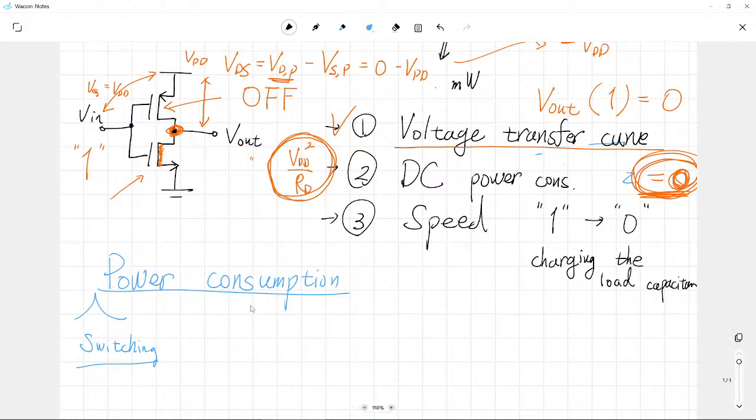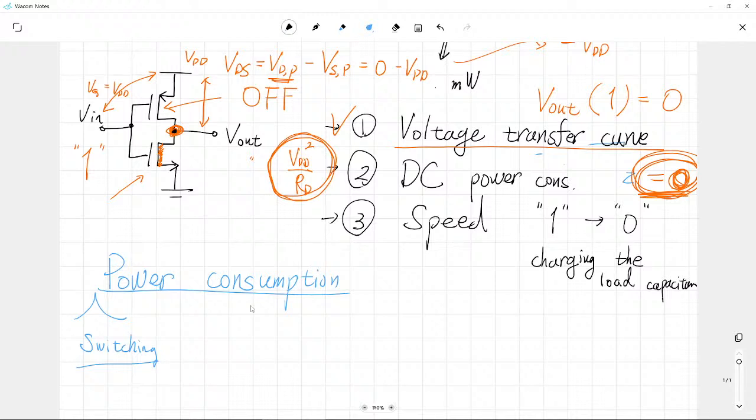Now we understand that if we have a CMOS logic system, then we don't have any DC power consumption once we set our input value, and it consumes a very small amount of power.